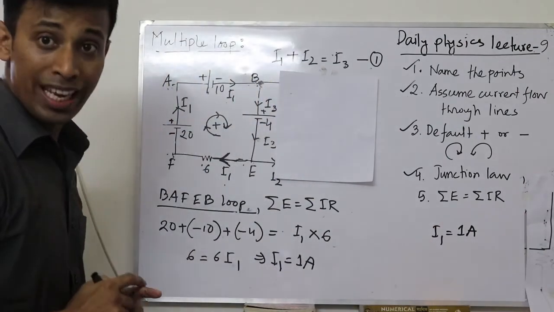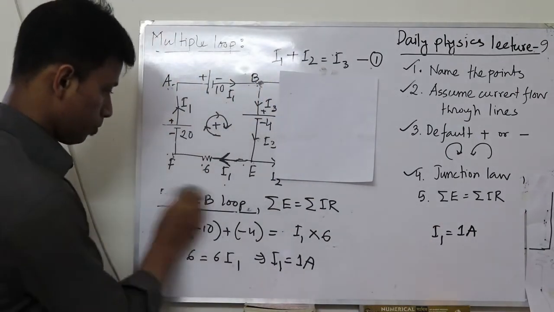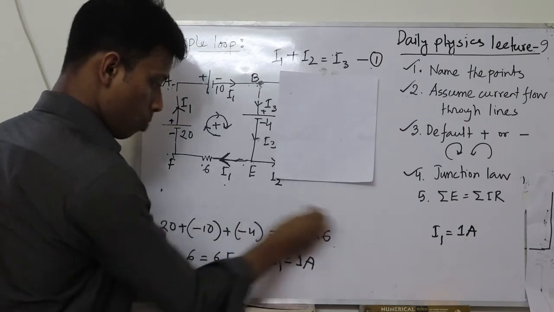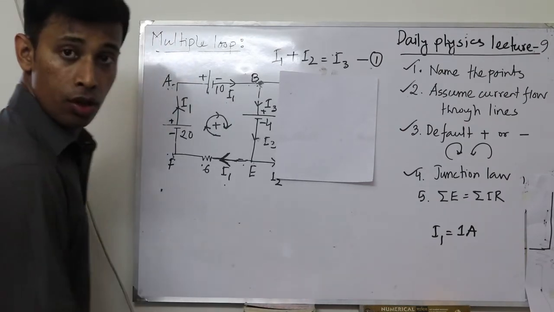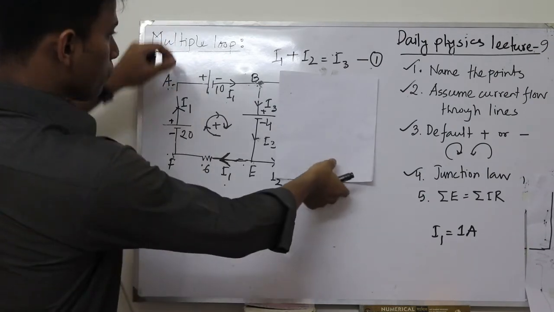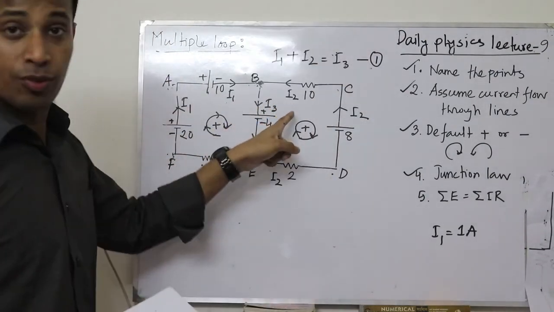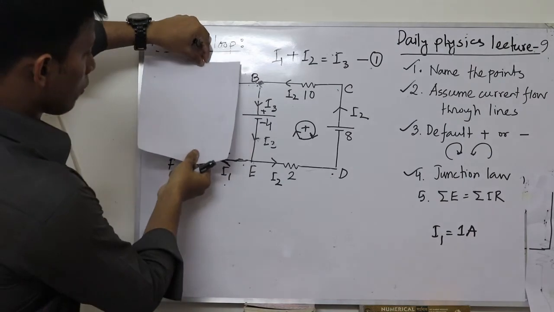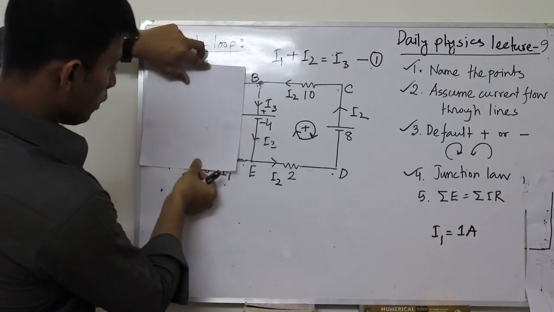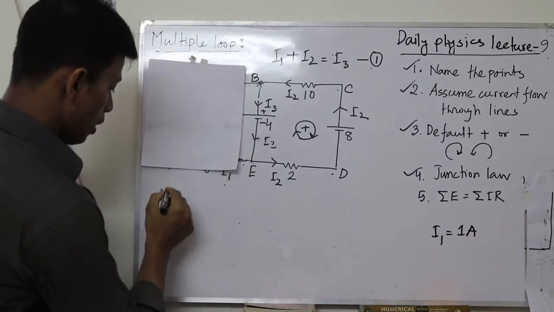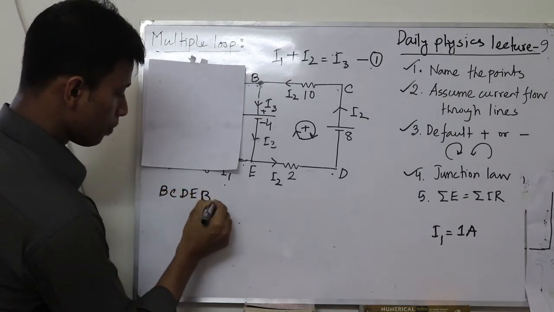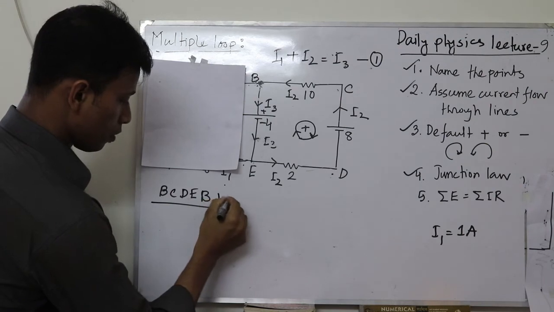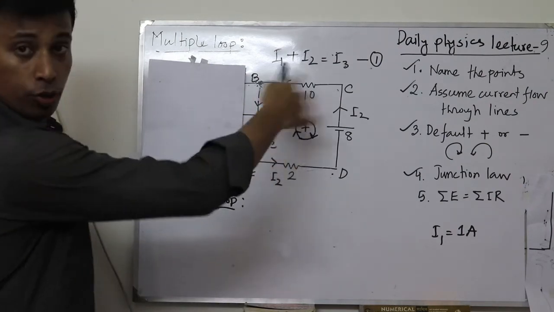So let's go through the other loop. What is our other loop? This one. So let's try to cover this loop. And our other loop is B, C, D, E, B. This loop, okay?